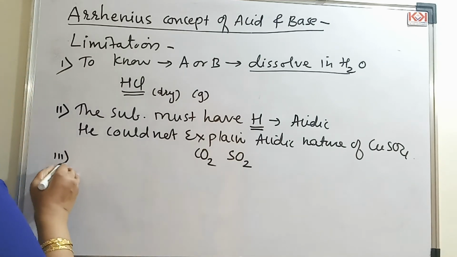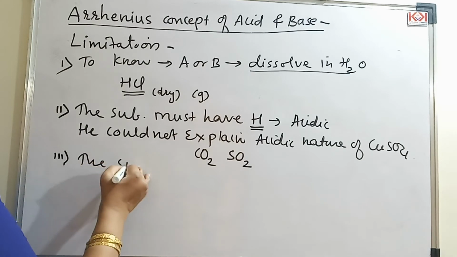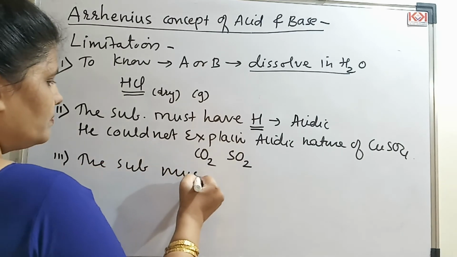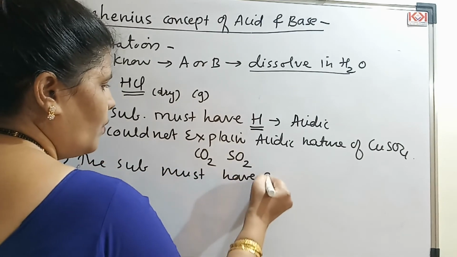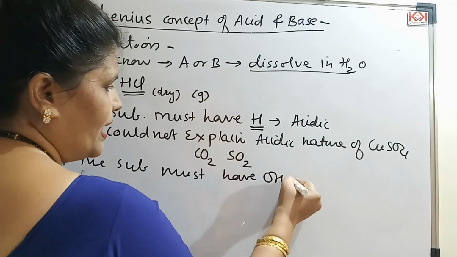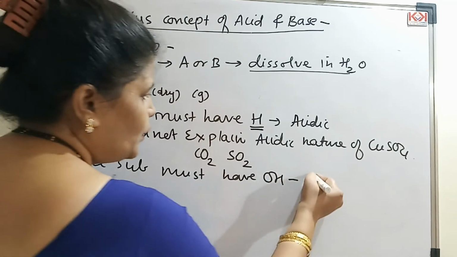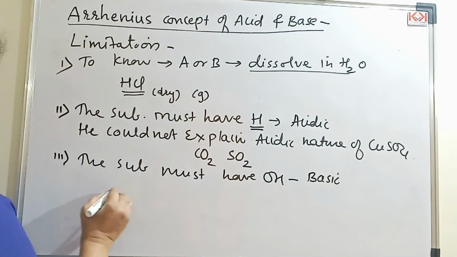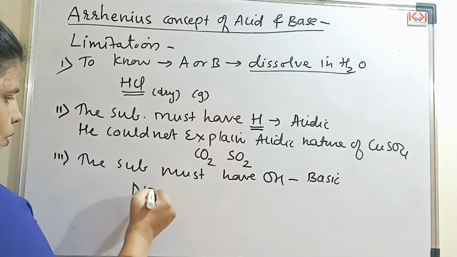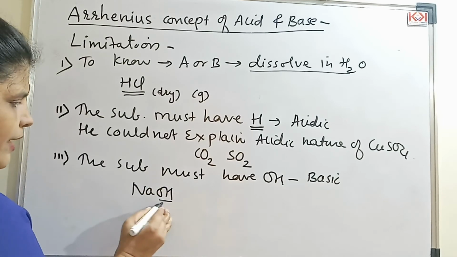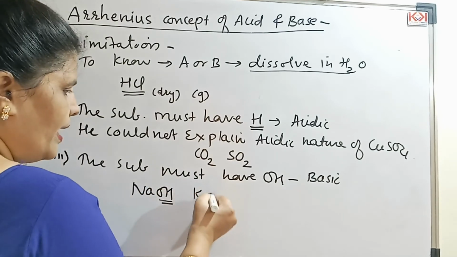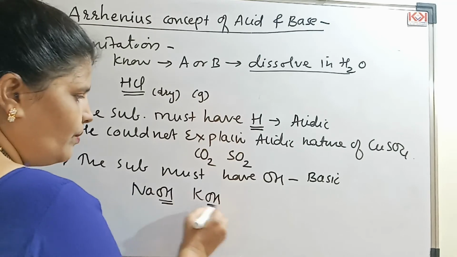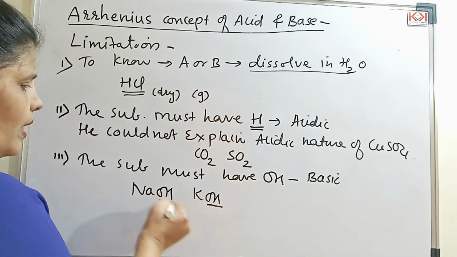Similarly, on this note, the substances must have OH ions or OH attached in the molecule to predict them as basic, right? According to the examples, let us go back. NaOH, when dissolved in water, will give me OH minus ions. KOH, when dissolved in water, will give me OH minus ions. So he called them basic.